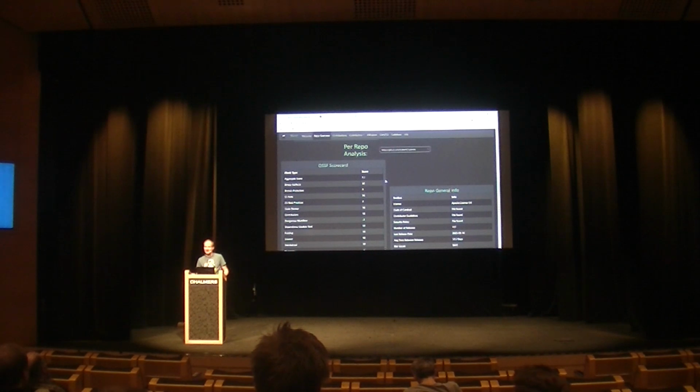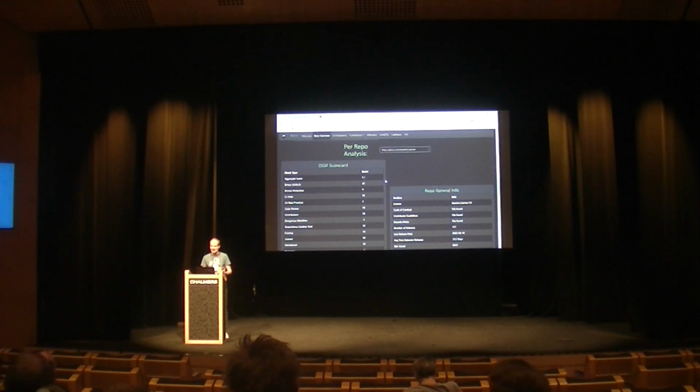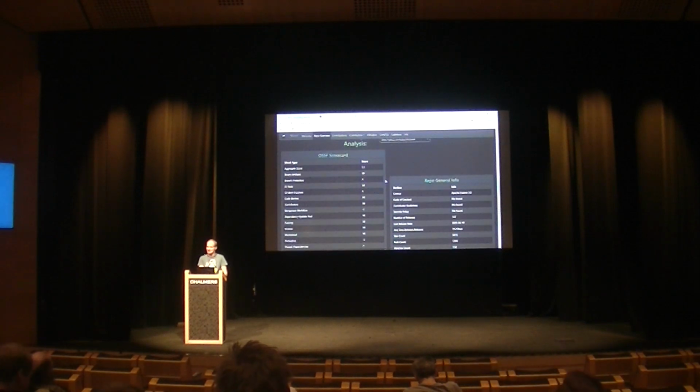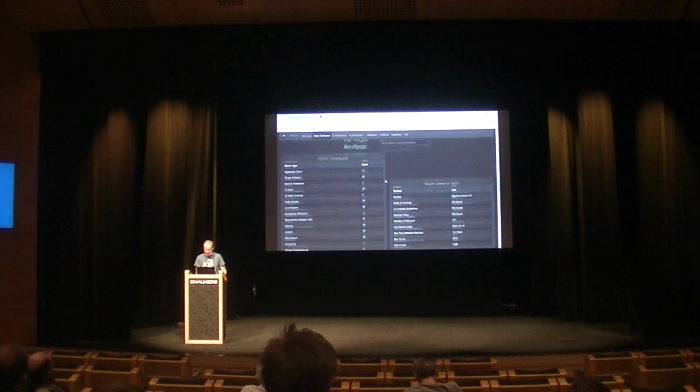Actually, I owe an answer to a question from a lady from yesterday. Yes, Eggnog supports Scorecard, not for each historical scan, but for the latest one only at the moment. But yes, it supports it, and Augur also supports it.